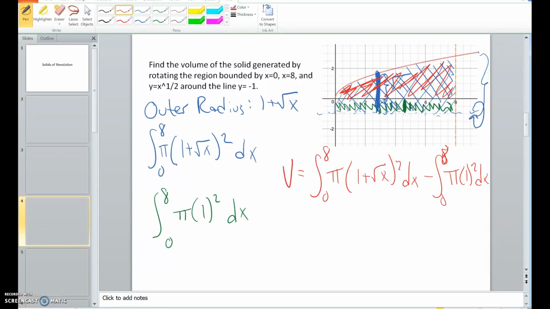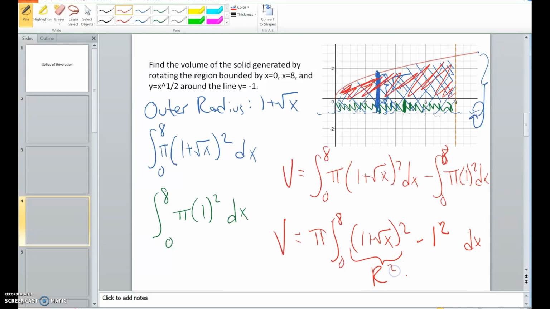We can rewrite this as a single integral because the bounds on both integrals are the same. So another way to write this would be, we can pull a pi out because it's just a constant. All right, so this is the big radius squared minus the square of the little radius.